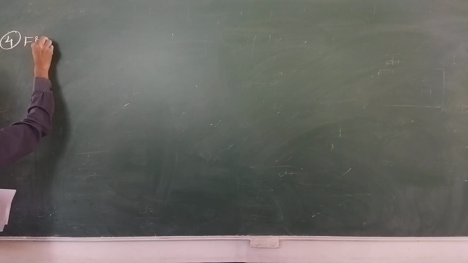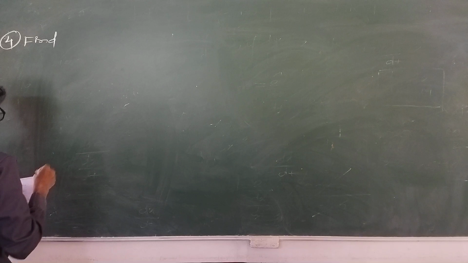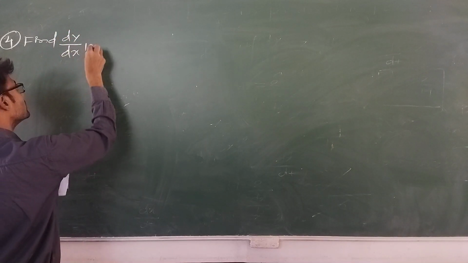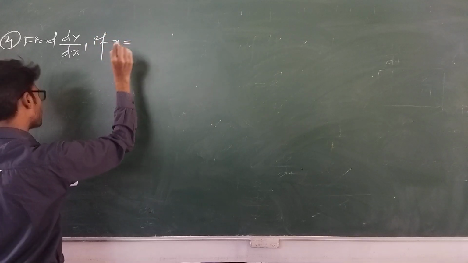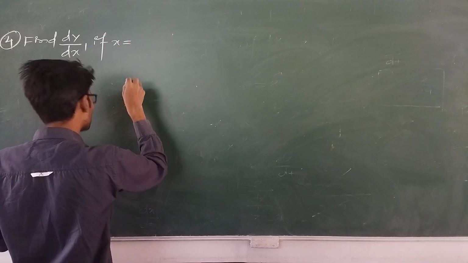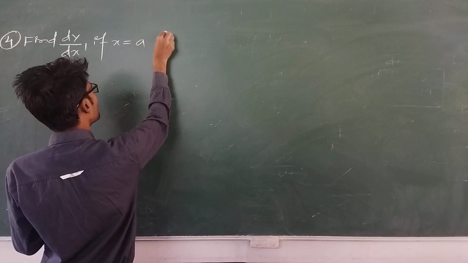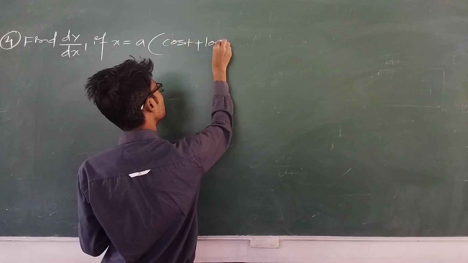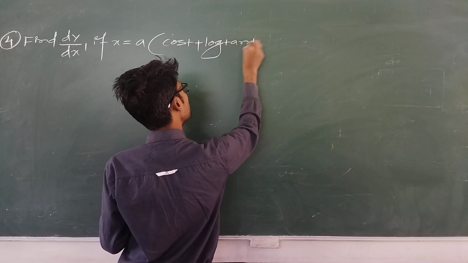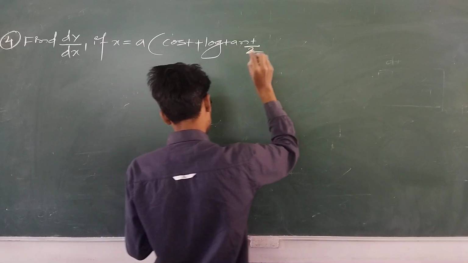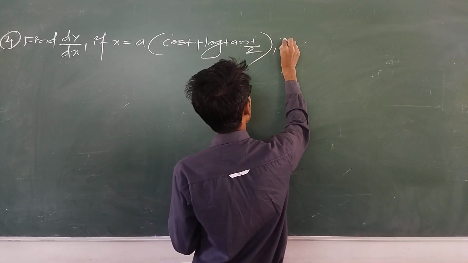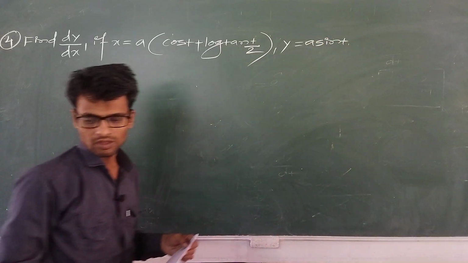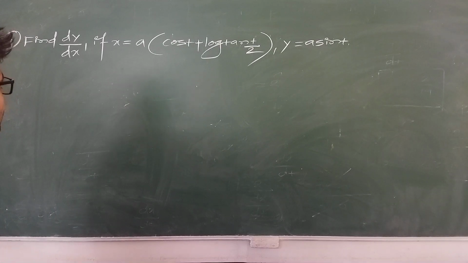Find dy by dx if x is equal to a inside a bracket cos t plus log of tan t by 2, and y equal to a sin t.